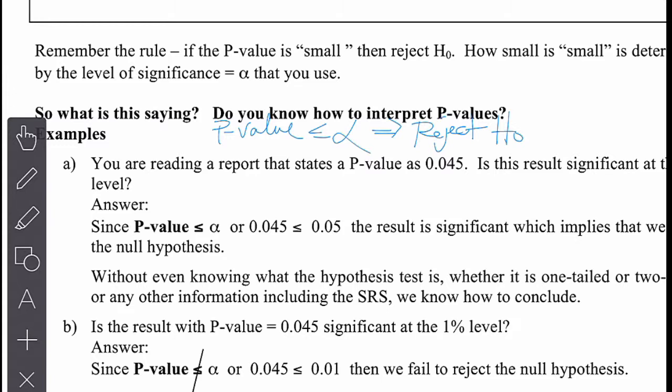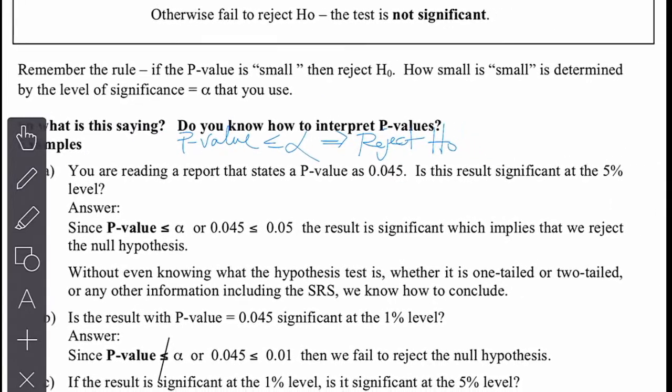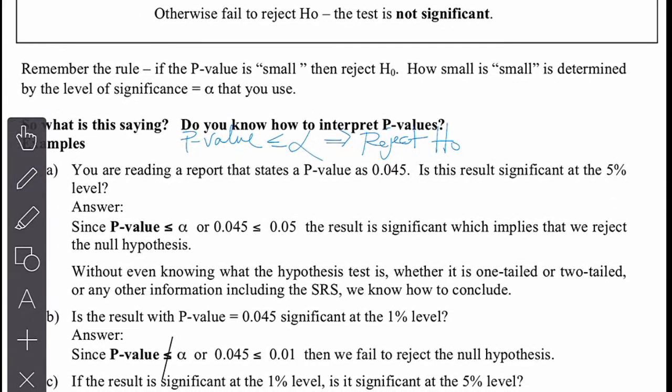If you're reading a report and it says that the p-value is 0.045, is this result significant at 5%? Yes, because it's significant if it satisfies this. 0.045 is smaller than 5%. This is when we say the test is significant.